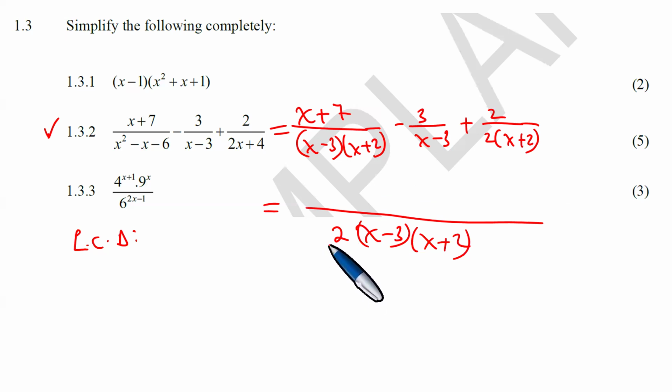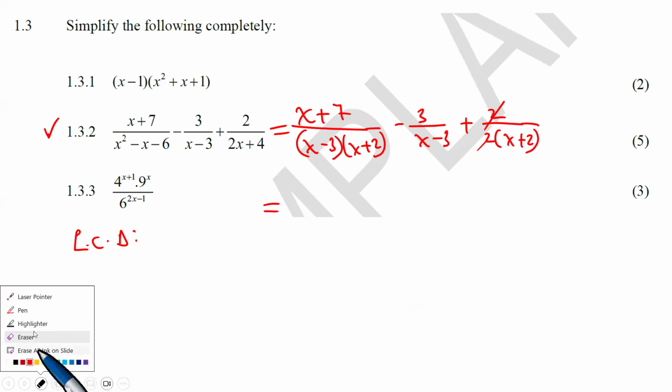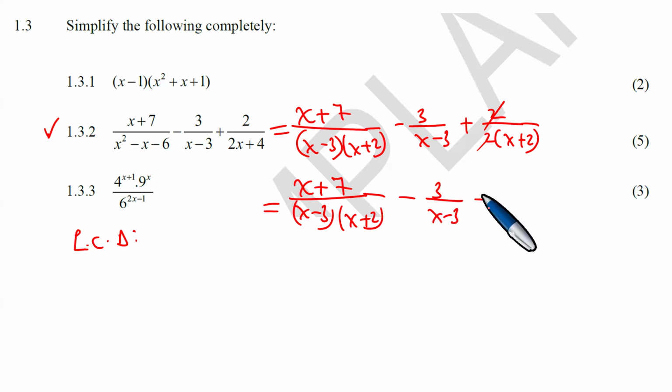Also we can note that this 2 cancels out, so we can cross that out and have x plus 7 divided by x minus 3, x plus 2, minus 3 divided by x minus 3, plus 1 divided by x plus 2.